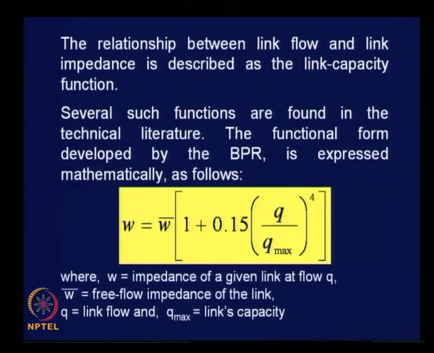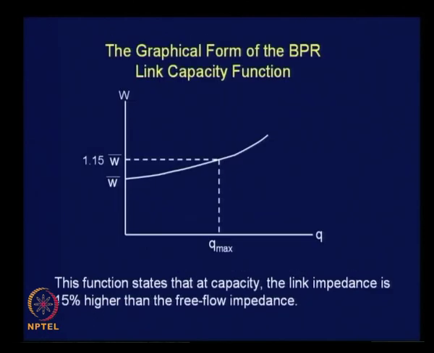And this equation, when represented pictorially, gives you this kind of picture. This is how the travel impedance increases with increase in volume of traffic. In a free flow condition, as we have seen, the impedance is W bar only.